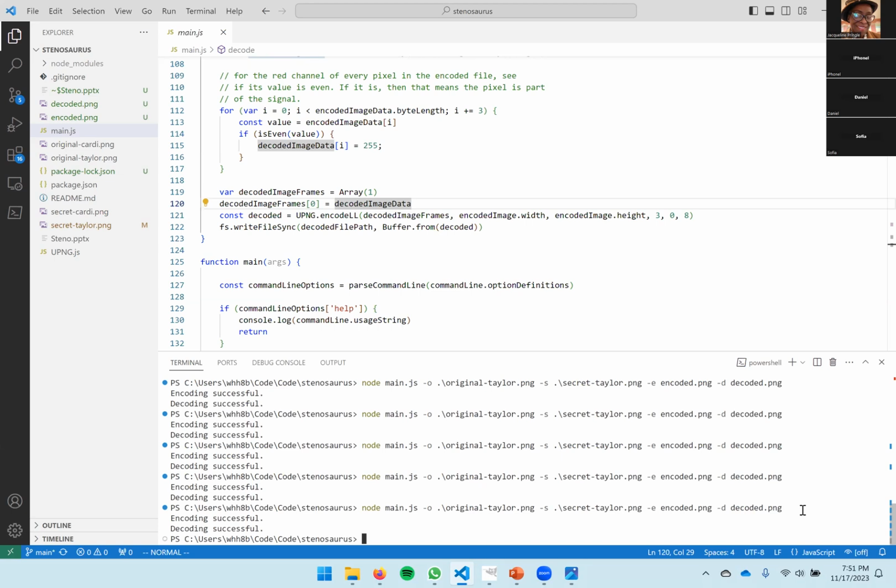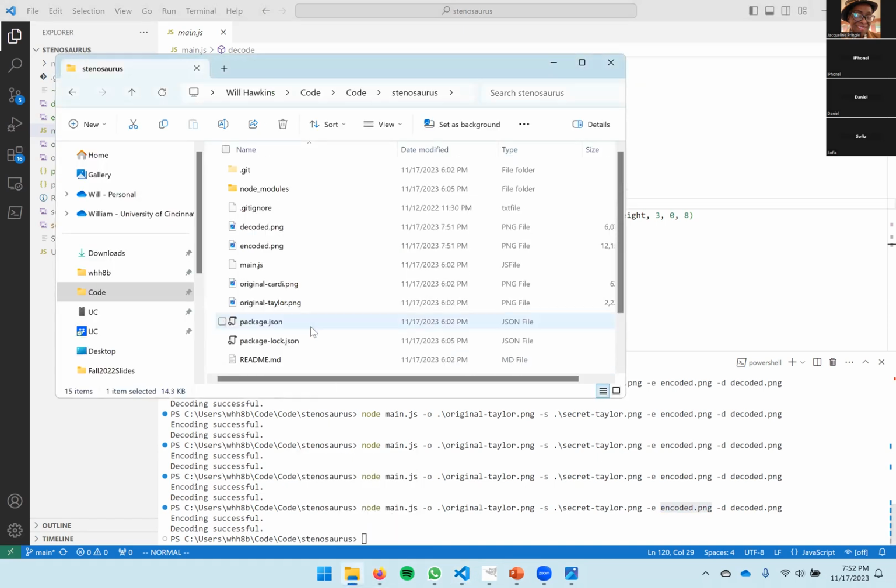All right. Well, this is so cool. Okay, so I encoded the original Taylor Swift image with our secret message about Stemsational being awesome and put it in a file called encoded. So let's open that file up and see what it looks like. So here it is right here, encoded.png, and it says encoded.png, just so you know I'm not lying to you.